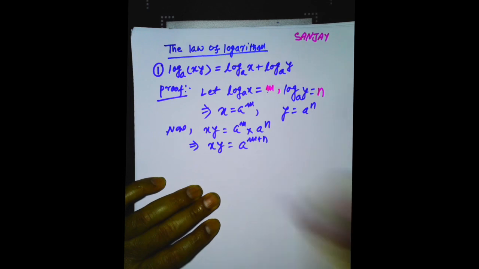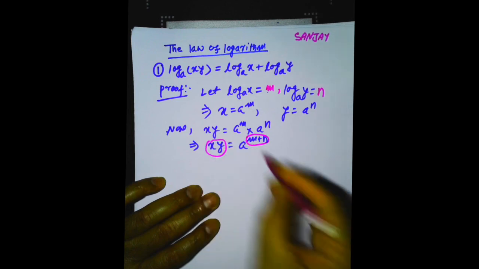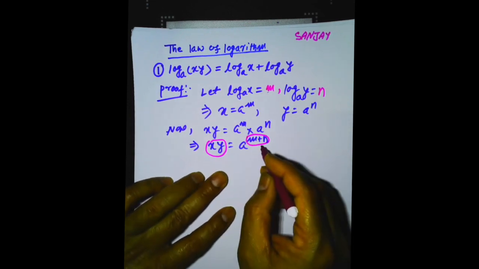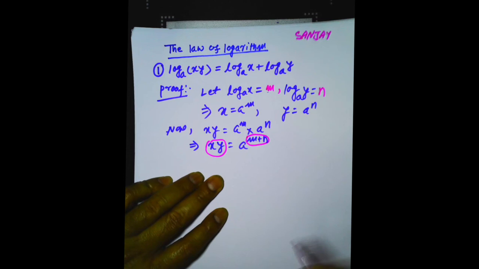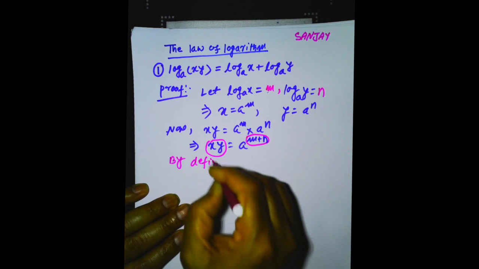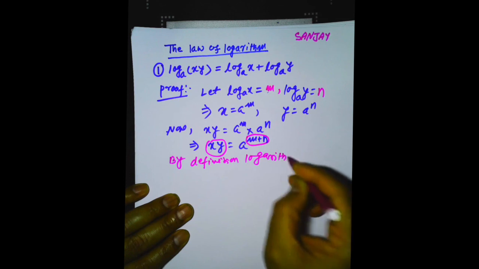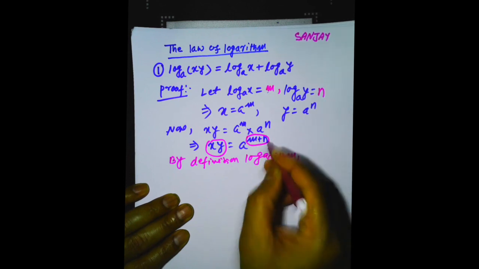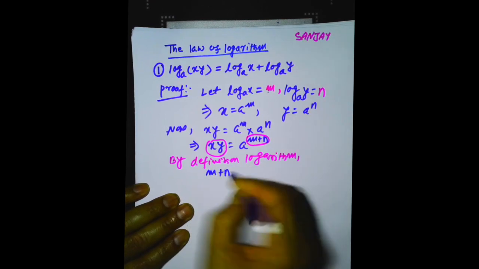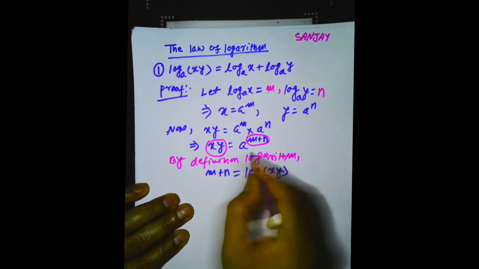Now in this case, you can apply the definition of logarithm. By the definition of logarithm, we have m plus n, so m plus n is the logarithm of the number xy to base a.